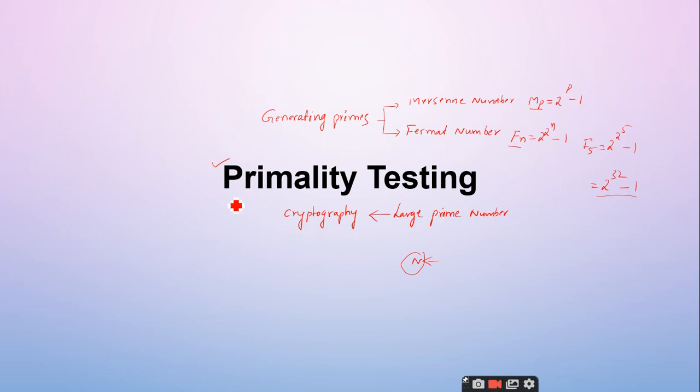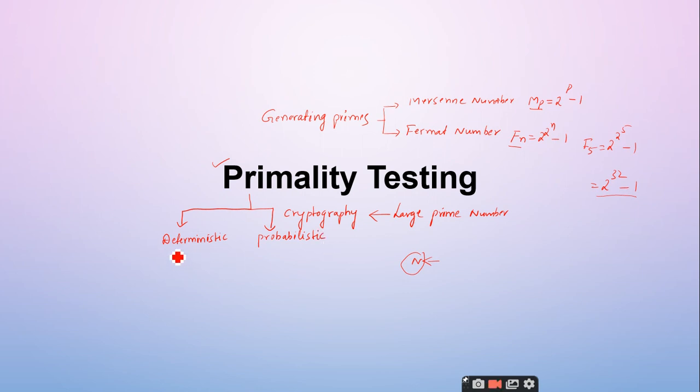So for this primality testing, as I told, we have a lot of algorithms to test whether a given number is prime or composite. But these primality testing algorithms are broadly categorized into two categories. One is the deterministic algorithms and the second one is probabilistic algorithms.